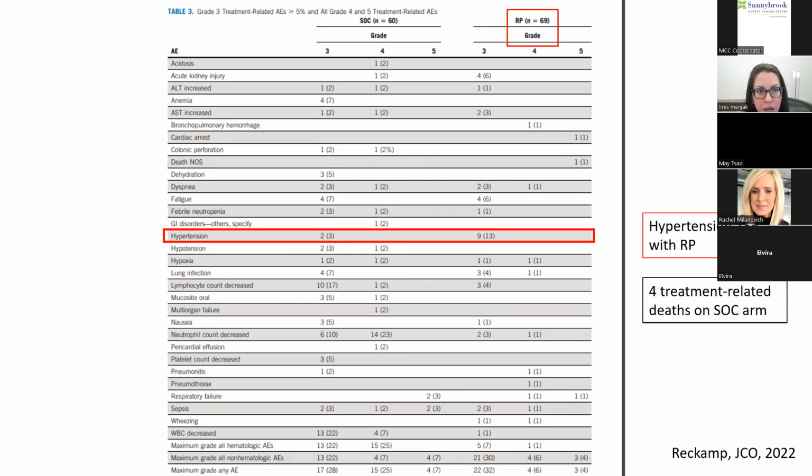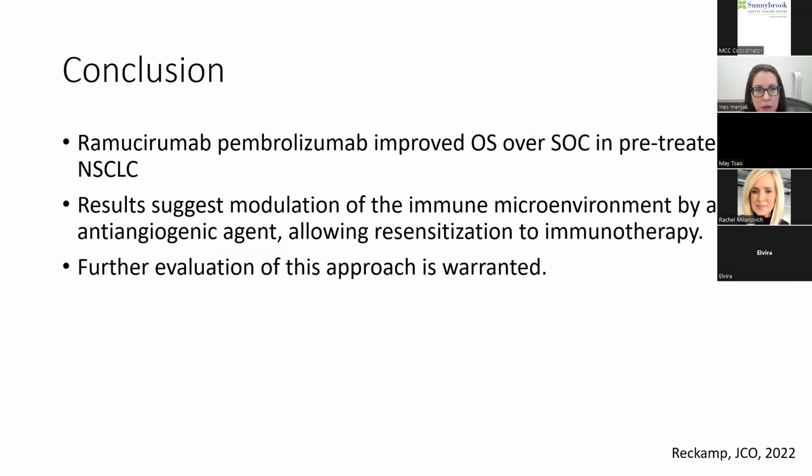I know it's a busy slide, but just to highlight the main grade 3 toxicity with ramucirumab pembro. Most common was hypertension, which is related to the ramucirumab. There were 4 treatment-related deaths, but they were on the standard of care arm. So the authors concluded that ramucirumab pembro improved overall survival in this pretreated population compared to standard of care.